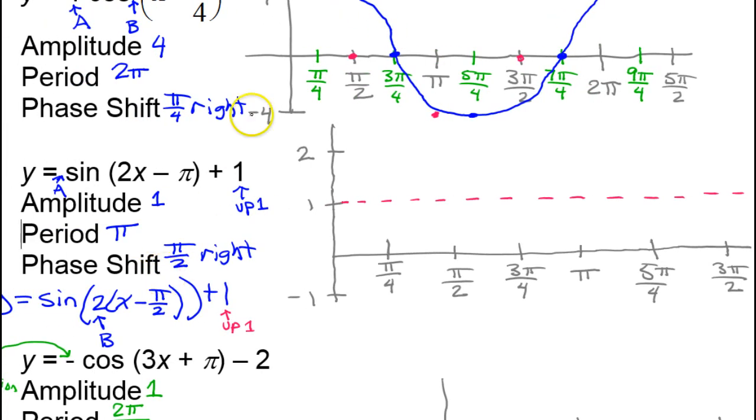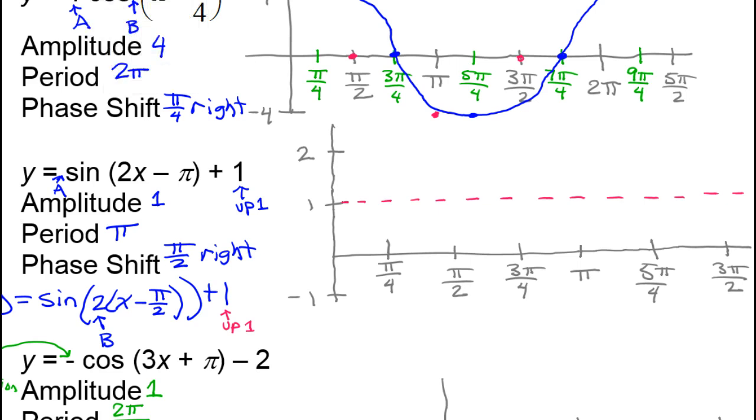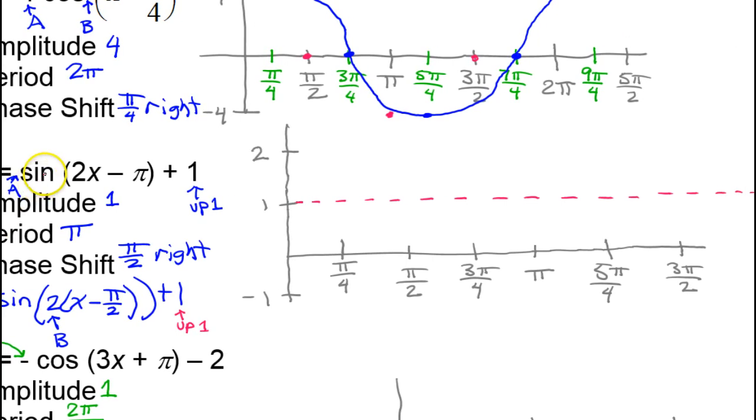Now there is a phase shift coming, but that doesn't come until the end. So let's ignore the phase shift and graph what it would look like without the phase shift. So this is the sine function. The sine function starts off at the midline, and then it goes up from there, and then it goes back to the midline, and then it goes down to its lowest point, and then back to the midline.